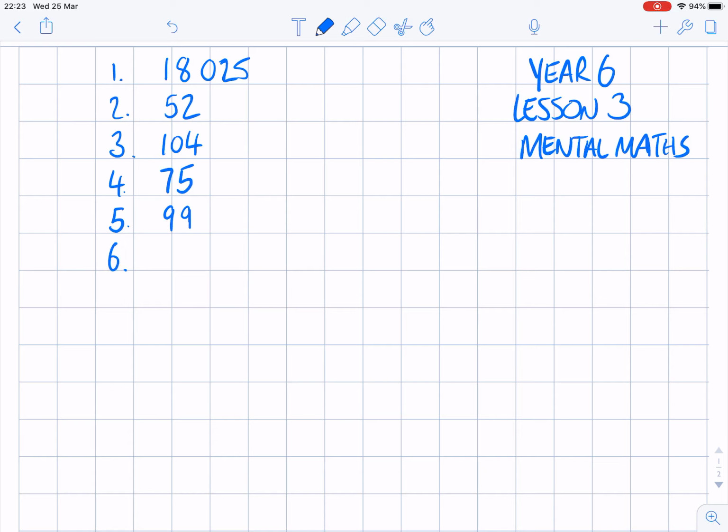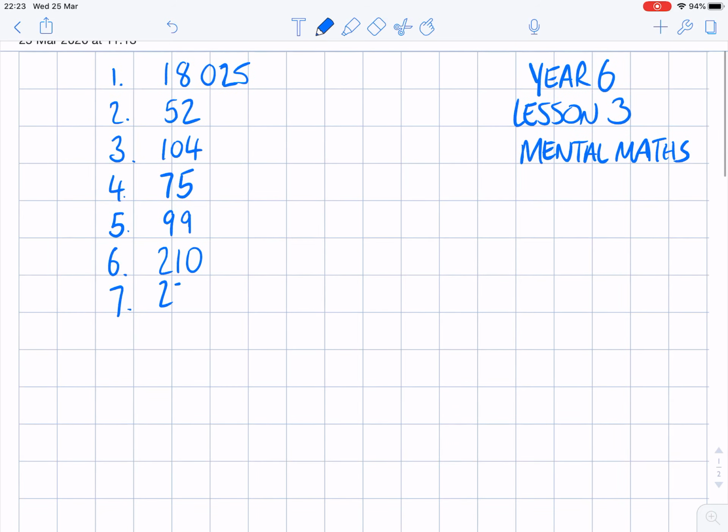How many minutes are there in 3.5 hours? The answer is 210. Question 7. Double the number 136. 272 is your answer there. Question 8. Round 2.63 to the nearest whole number. So the nearest whole number is 3.